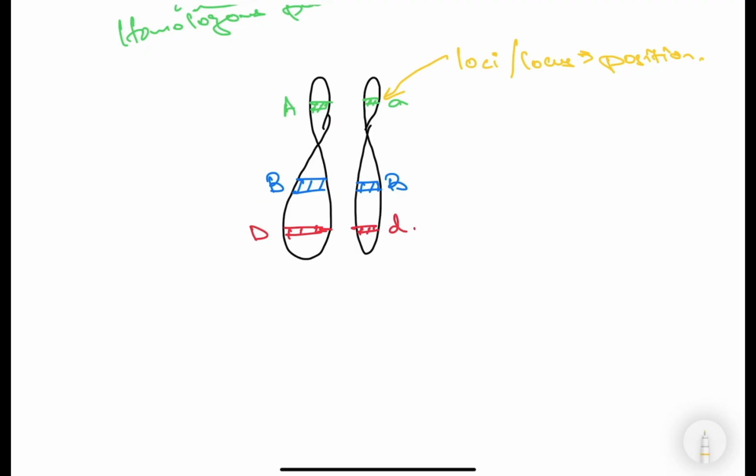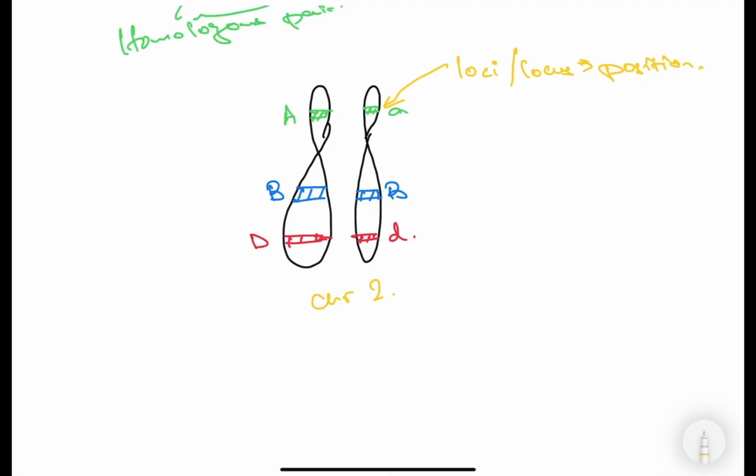This position is universal for everyone. Suppose a gene for some disease is present on chromosome 2 in a particular position. For every human being, the gene for that disease will be present in that position only, okay.